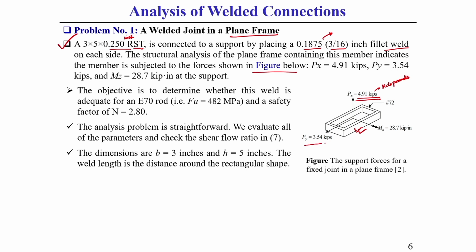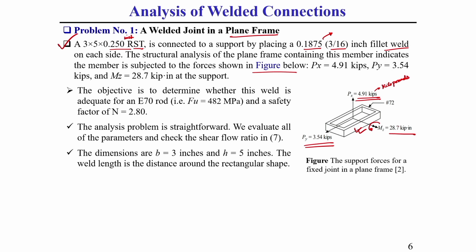It is subjected to a Py force, that is 3.54, and it is subjected to a bending moment. You should keep it in mind. According to the thumb rule, you will get the direction of this bending moment, which is like this.